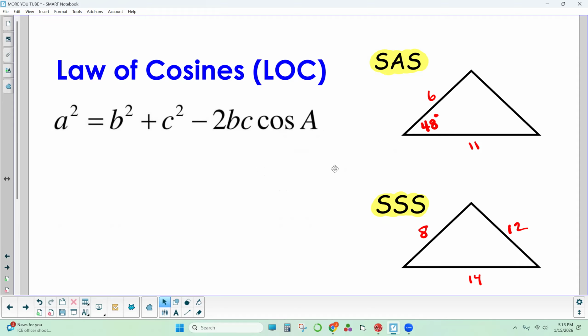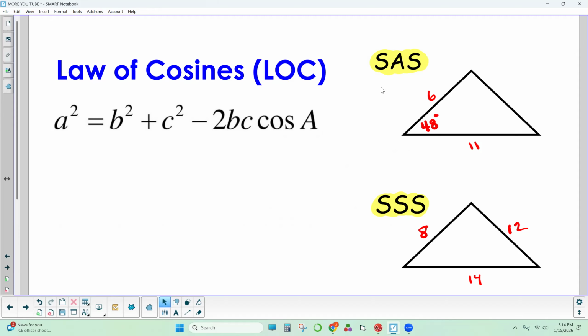Okay? I'll show you exactly what I mean here in a moment, but let's talk first. What do we use this for? Why can't we just use the law of sines? Well, we cannot use the law of sines with SAS or SSS triangles because there's just not enough information.